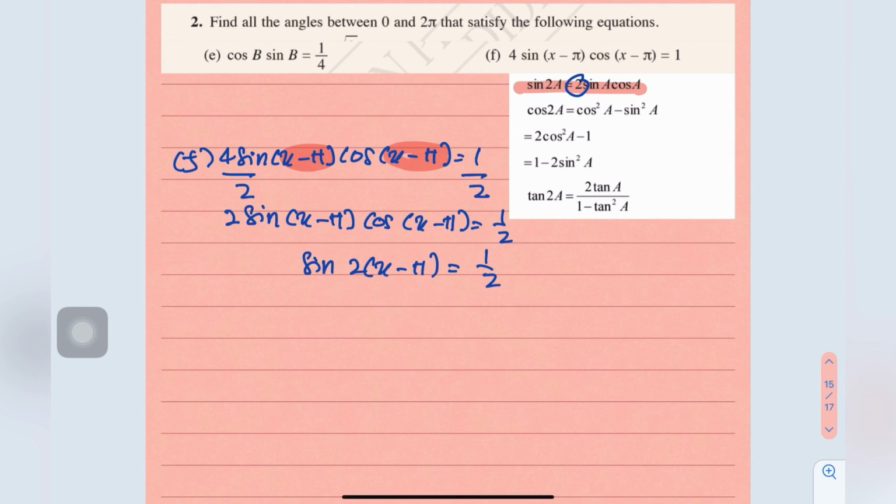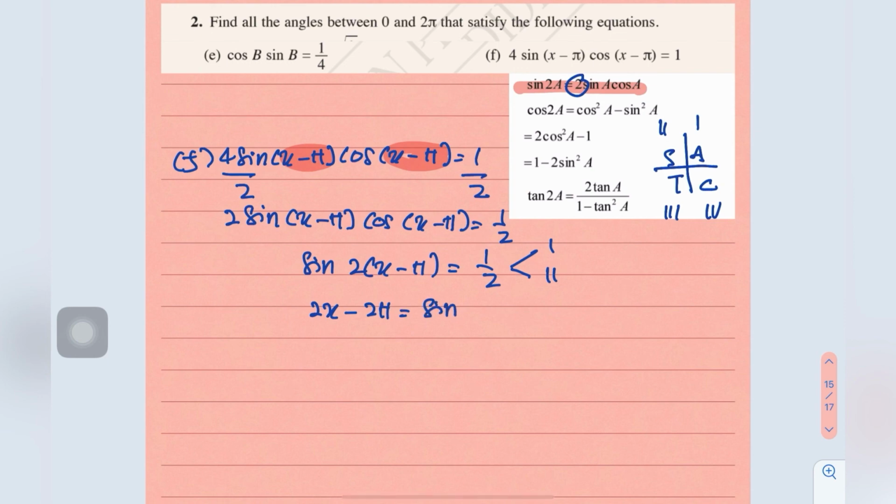Using add sugar to coffee, quadrants 1, 2, 3, and 4, sine is positive in quadrant 1 and quadrant 2. So 2x minus 2 pi equals inverse sine of 1 over 2, which equals 30 in quadrant 1. In quadrant 2, 180 minus 30, which is 150.